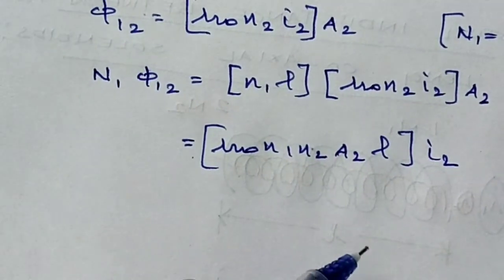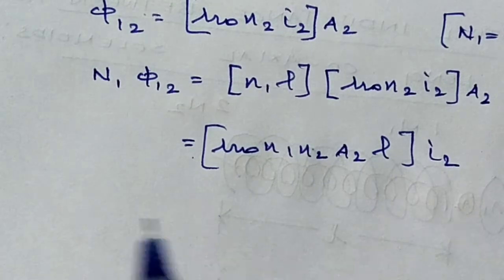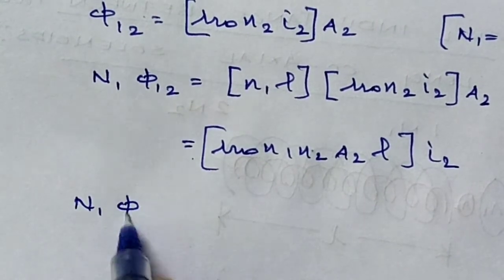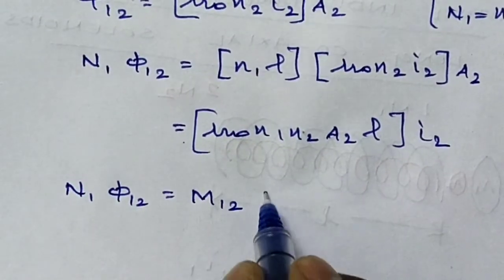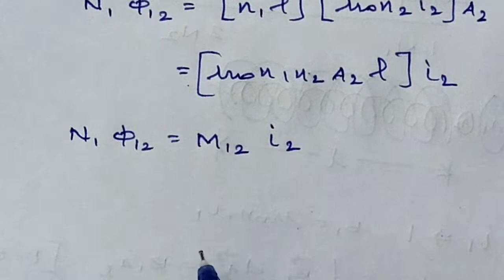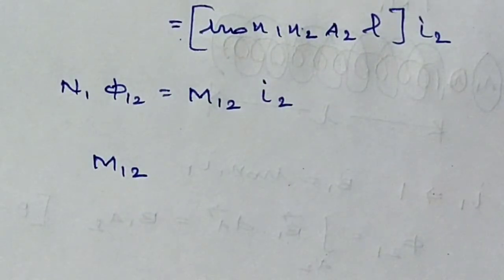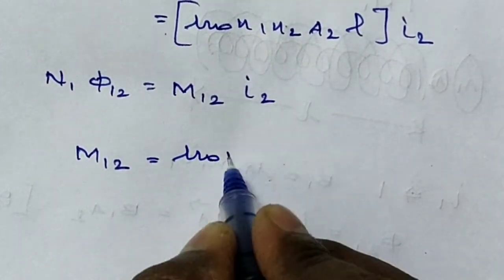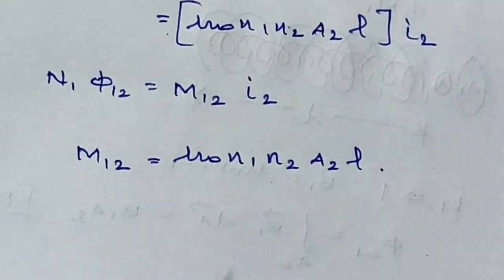We already know the flux linkage in the first coil is the mutual inductance of the first coil, N1 phi12 equal to M12 I2. Substituting that value, we get the mutual inductance of solenoid 1 with respect to the second solenoid: mu naught n1 n2 A2 L.